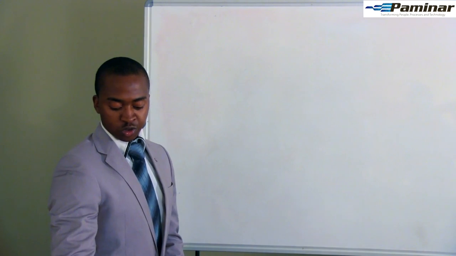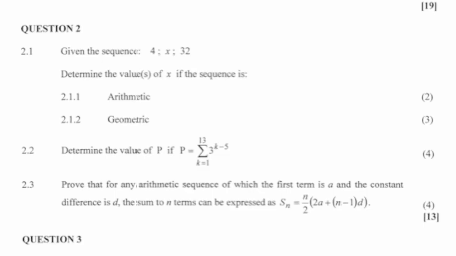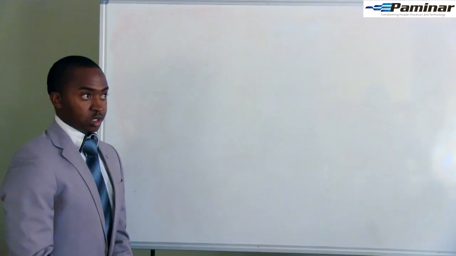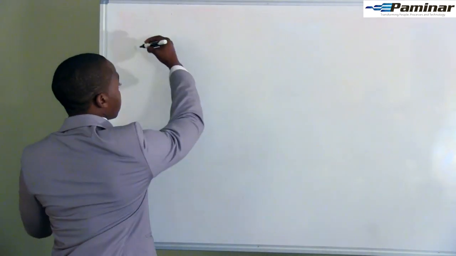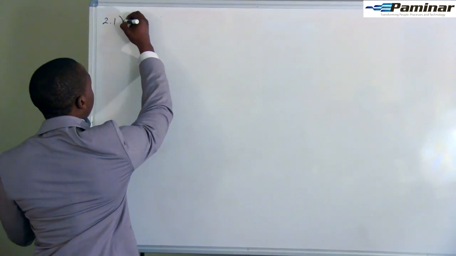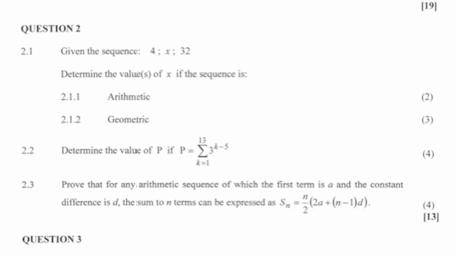Let's move on to question 2. Question 2 says, given the sequence 4, x and 32, determine the values of x if the sequence is 2.1.1 arithmetic or 2.1.2 geometric. Okay, so let's look at what we have. We're given a sequence there: 4, x and 32.